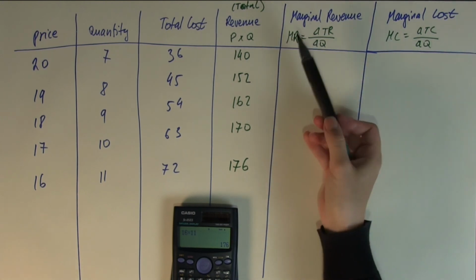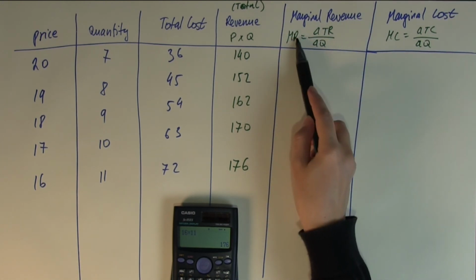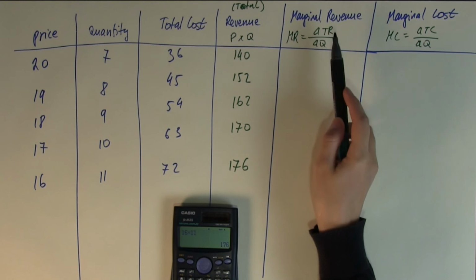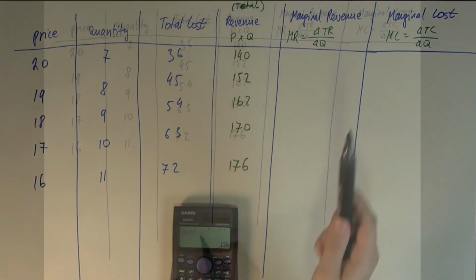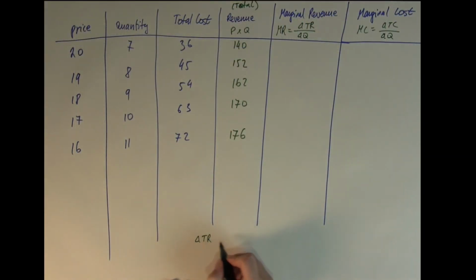Now, to be able to calculate the marginal revenue, I need the change in total revenue divided by the change in quantity. Now, the change in total revenue will be total revenue later minus total revenue now. And the change in quantity will be the quantity later minus the quantity now.